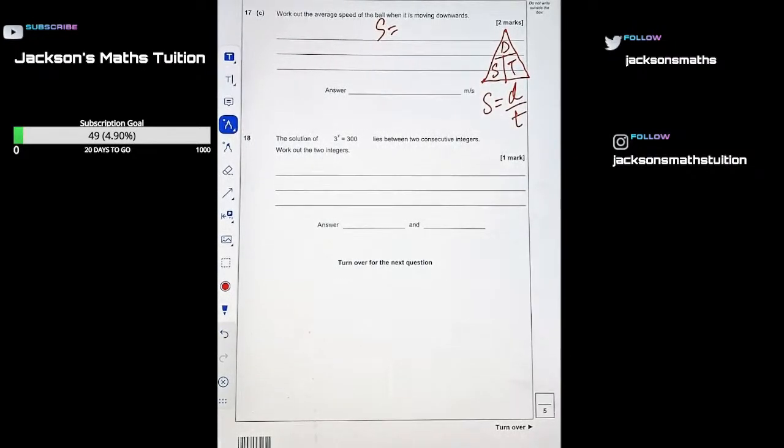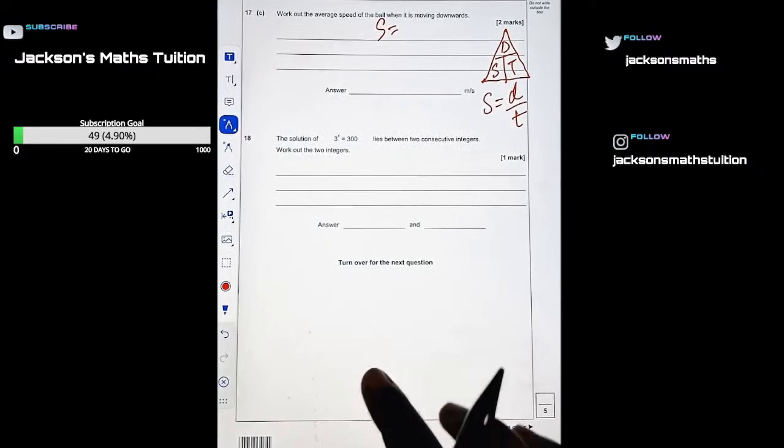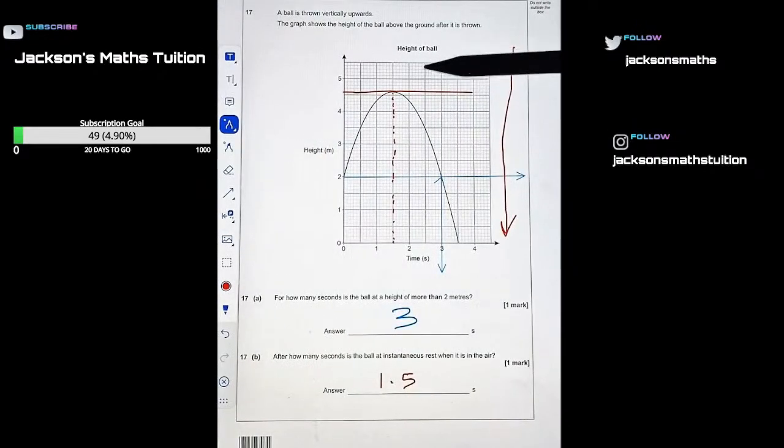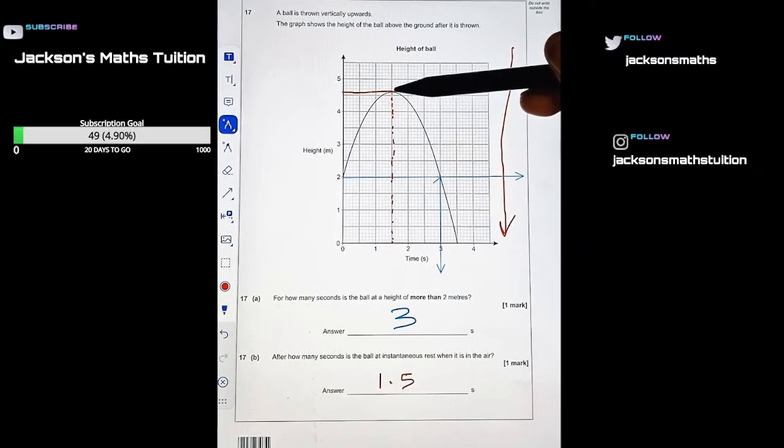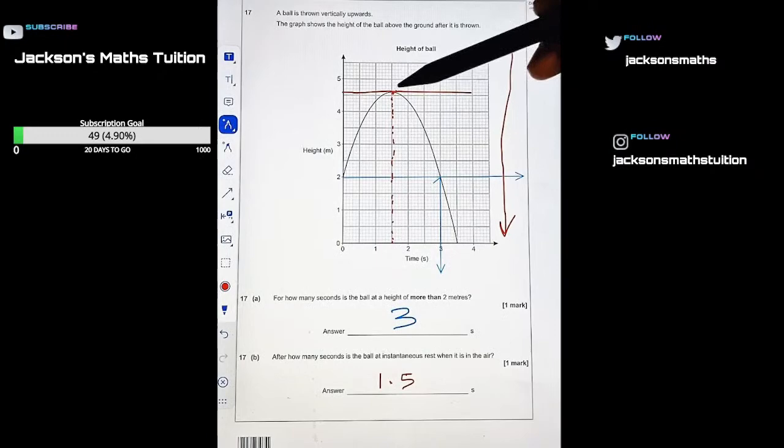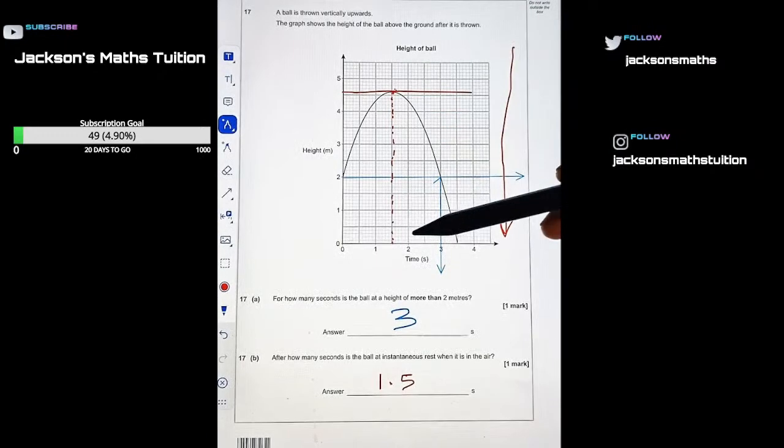Now time is going to be 2 seconds. So at 2 seconds, it's going to start to go down. Because we're at 1.5 here. So it's going to start going down. The graph is going to start going down at 2.